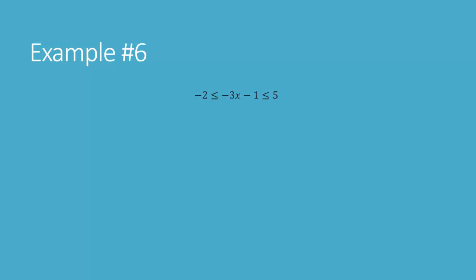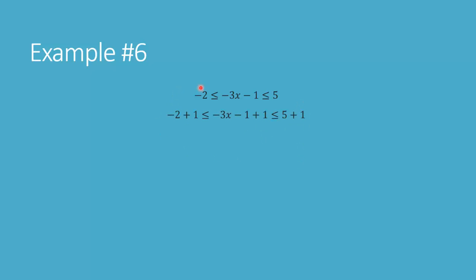Alright, now let's get to another, more involved example. So we're going to do the same thing. We're going to treat this as one, and we treat this as another. So whatever we do to this one, we have to do to both. Whatever we do to the middle, we have to do to the outsides as well.